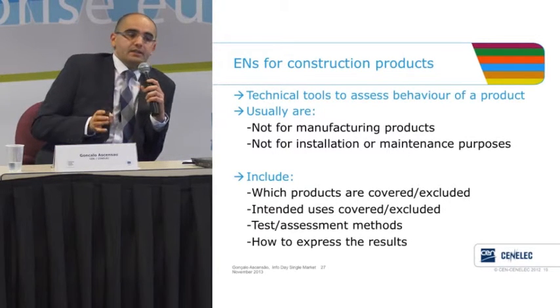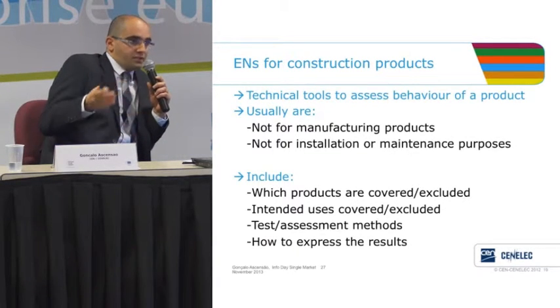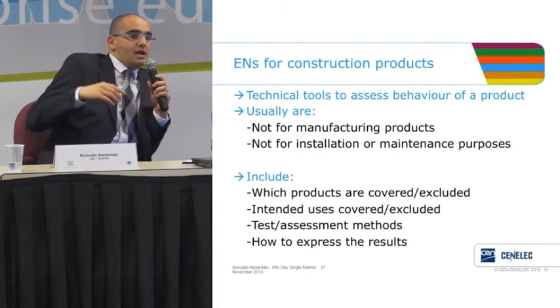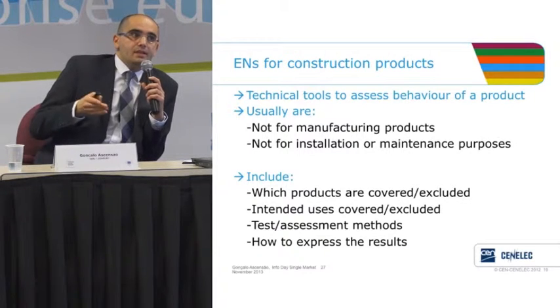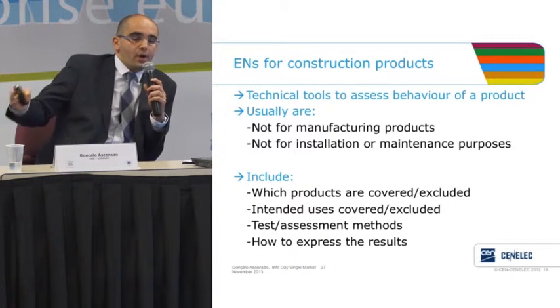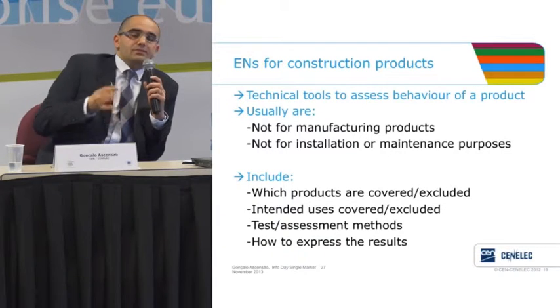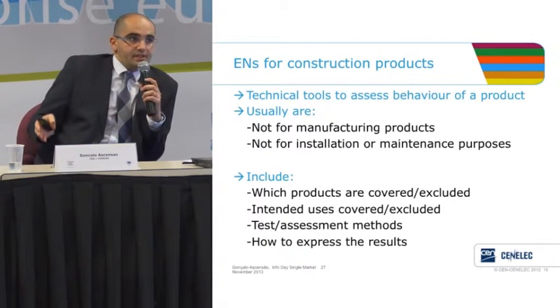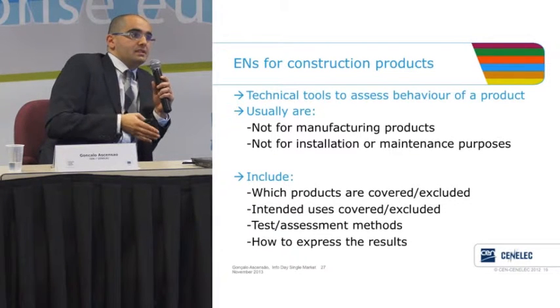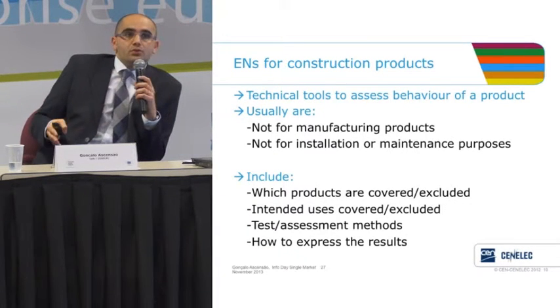Sometimes they may say that the manufacturer shall give information on how to install the product, because it may need to be installed in a certain way. But as referred this morning, installation is the responsibility of the member states. So it's the member states that define the rules for installation.